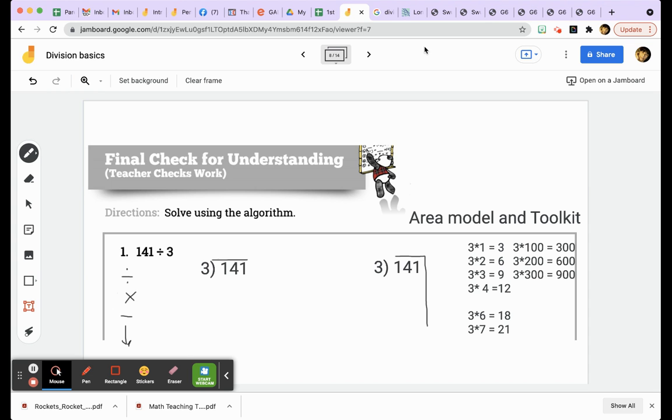So leave directions for where you're leaving off. In this case, if you're stopping here, it would be the final check for understanding, and then this lesson will continue tomorrow. Okay, so pause here, and you will pick up from this point on tomorrow. Bye for now.